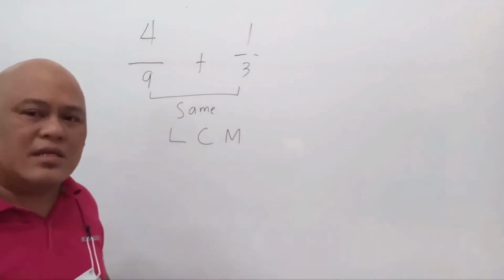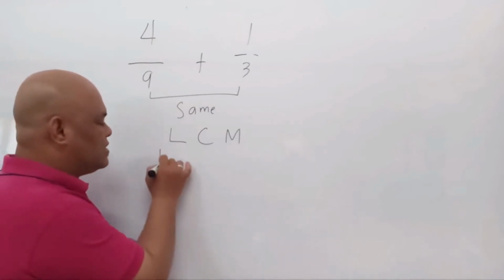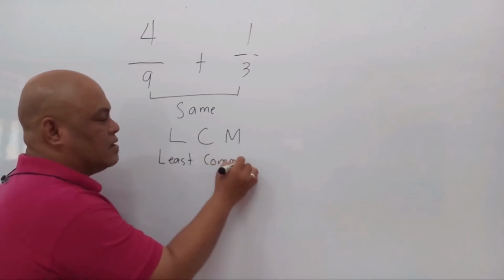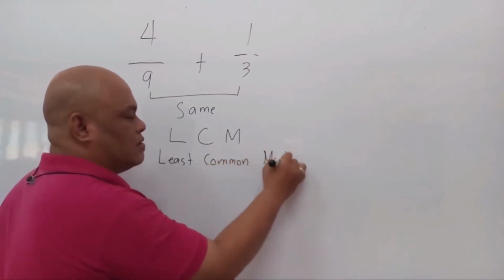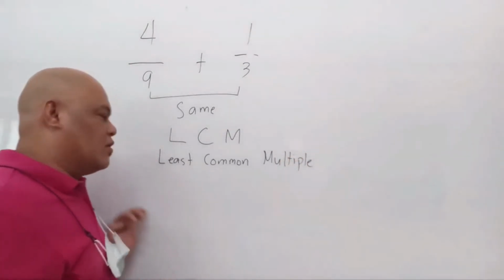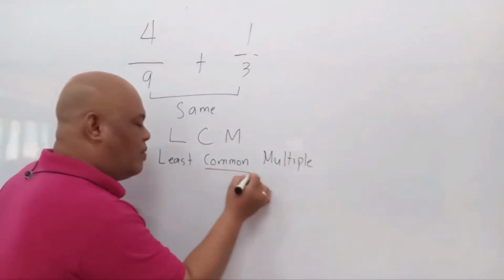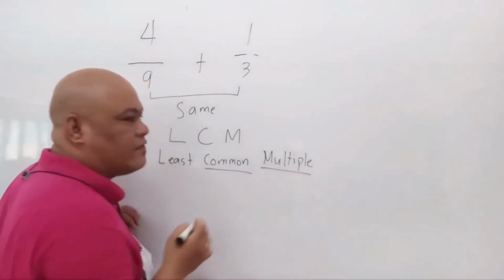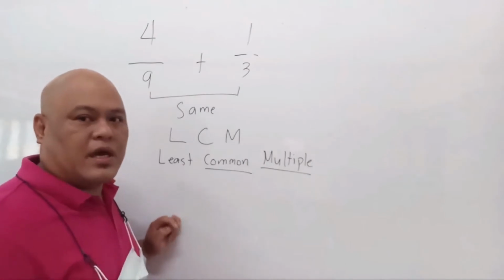What is LCM? LCM means least common multiple. So we will get the common number using multiplication.